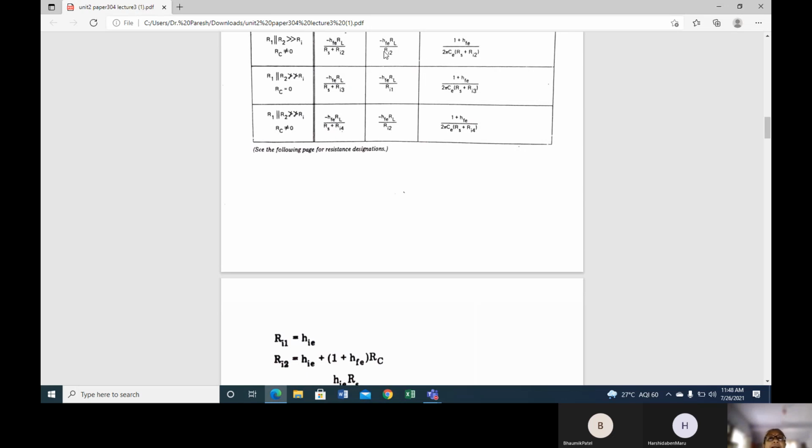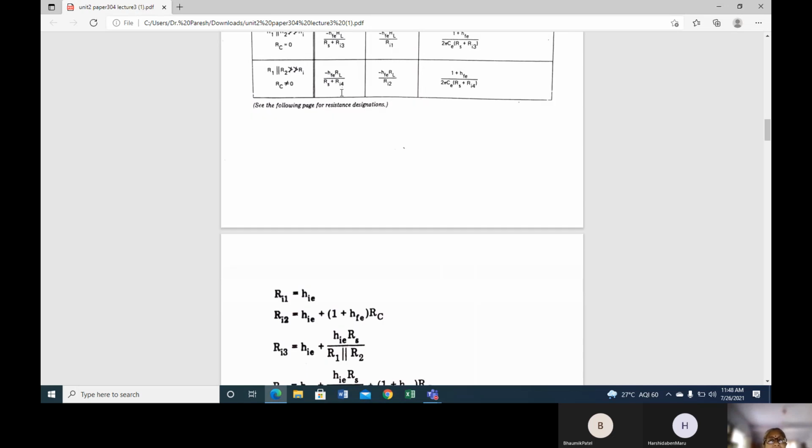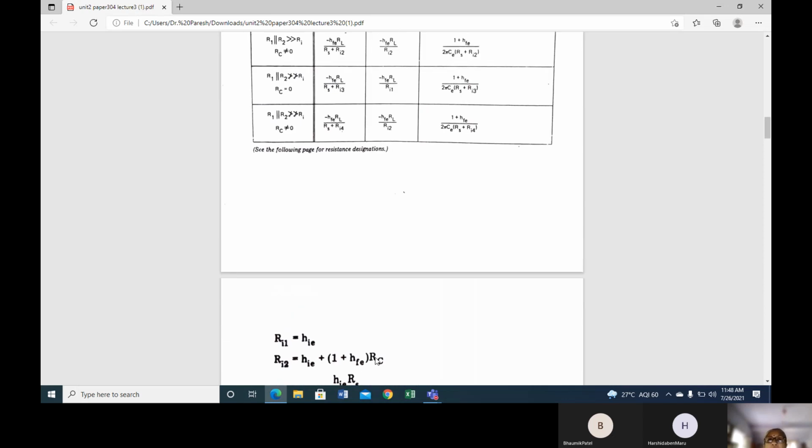Since RC is equal to 0, this will remain as Ri1, which is HIE. And what is Ri3? It is given by this particular equation: Ri3 is equal to HIE plus HIE into Rs upon R1 parallel to R2. The reason being R1 parallel to R2 is not very much greater than Ri.